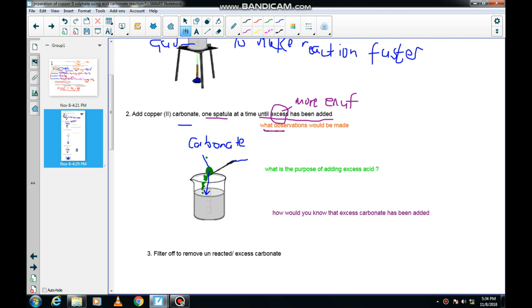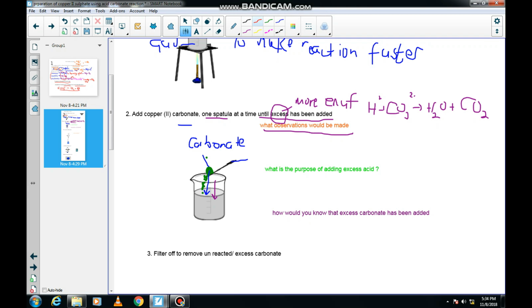What observation would we make as we add the copper 2 carbonate into the acid? We have said that acids react with carbonates to produce water as one of the products, a salt as the other product, and the gas carbon dioxide as the other product.